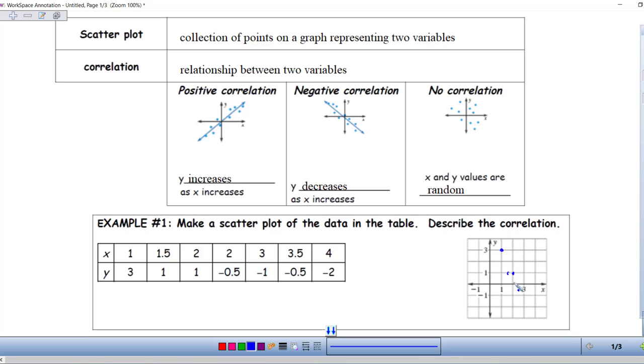Again, it's just halfway between when it's 0.5. 3, negative 1. And hopefully we're beginning to see this correlation. 3.5, negative 0.5. And our last point is 4, negative 2.